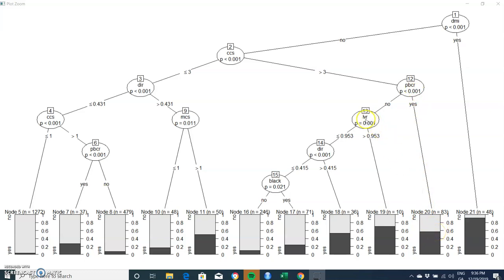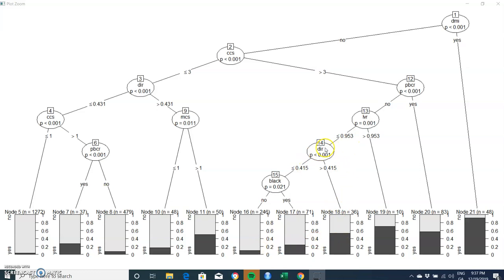If the loan to value ratio, again, is greater than 0.95, so that's a very small amount of equity, or maybe hardly any equity, chances of being accepted are low. But if it's less than 0.95, chances seem to improve.